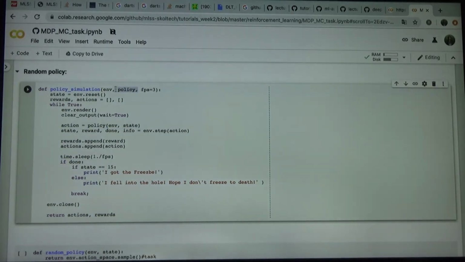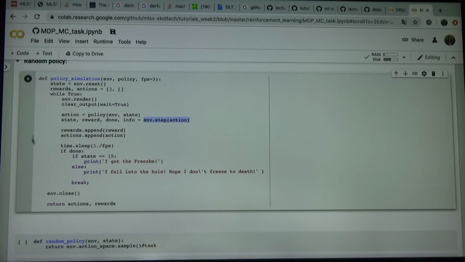This function receives some policy, and according to this policy, it samples some actions and feeds them into the environment step function.